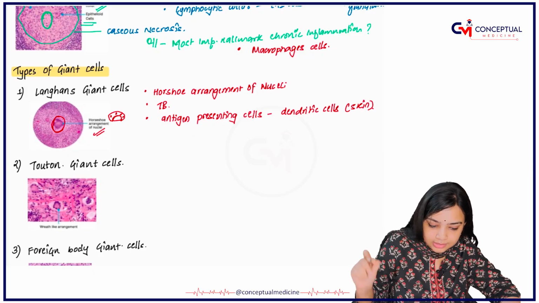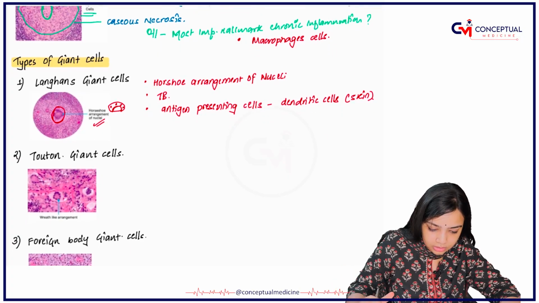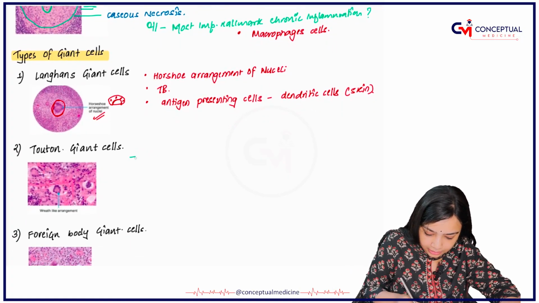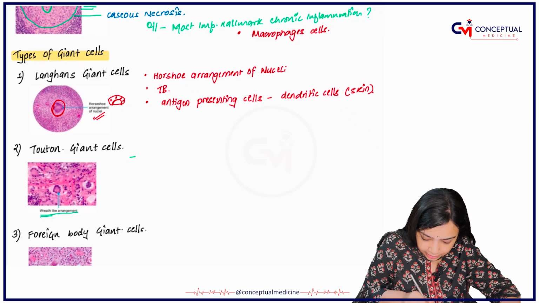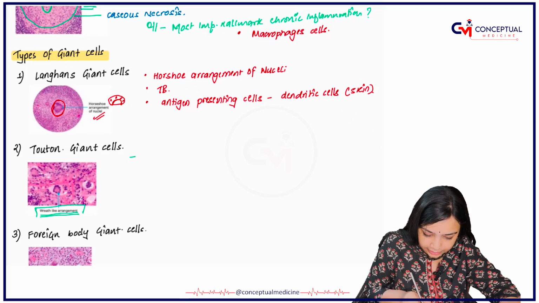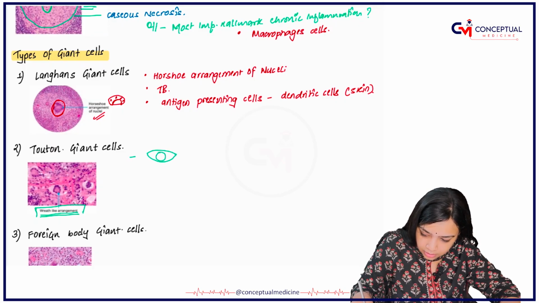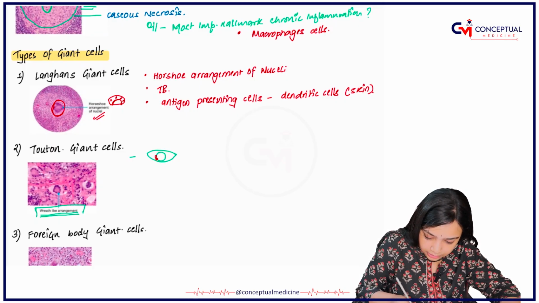Next thing you have is the Touton giant cells. They are basically a wreath-like arrangement. Like if I draw, then this is a wreath-like pattern.